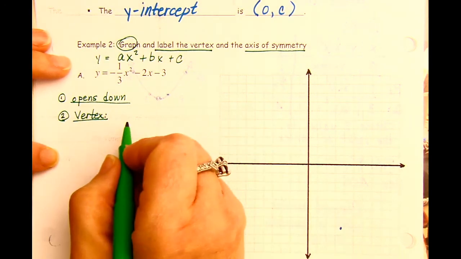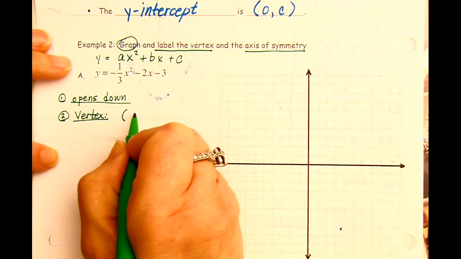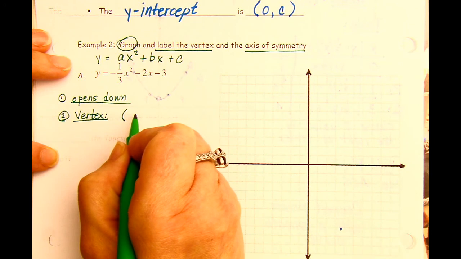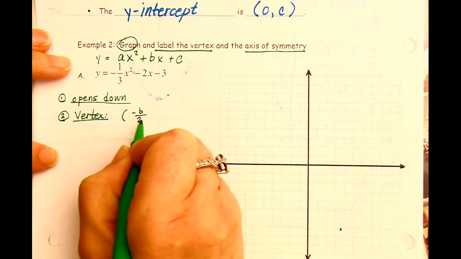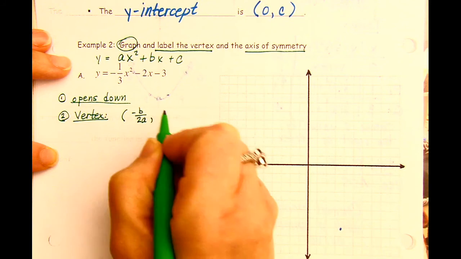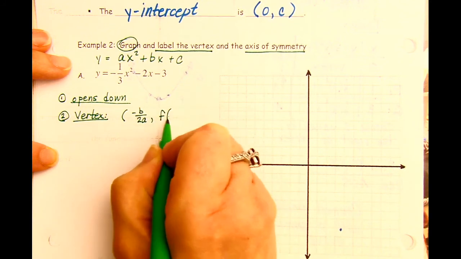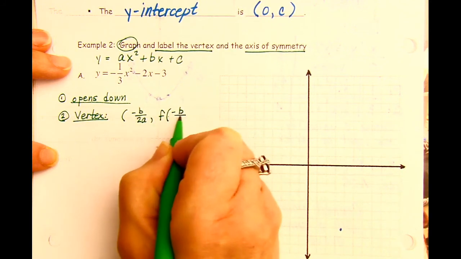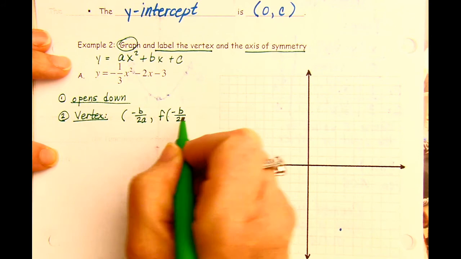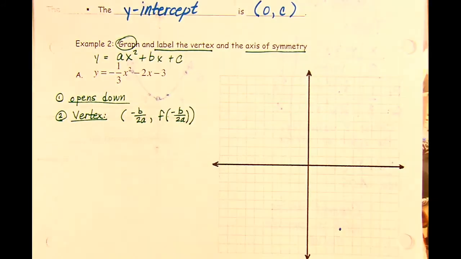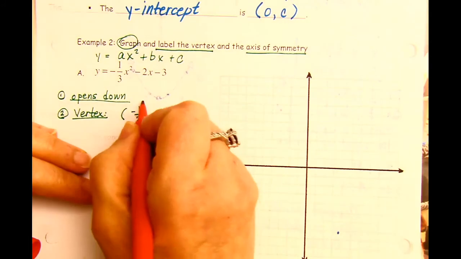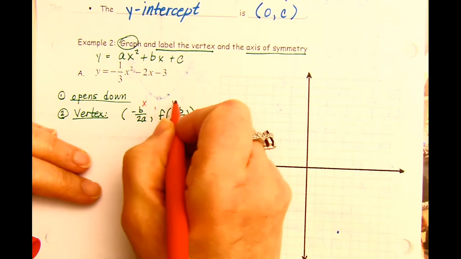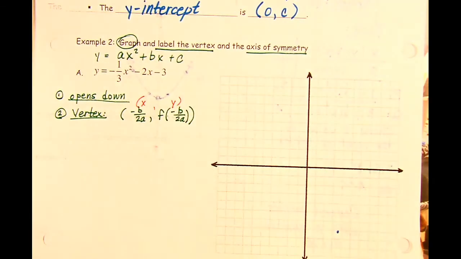The vertex is the ordered pair, negative b over 2a, comma, and then we have to find f of negative b over 2a. Remember, this is f of x, and f of x takes the place of y. So this really is still an ordered pair, x, comma, y. Okay, but we have to use negative b over 2a to find our x.